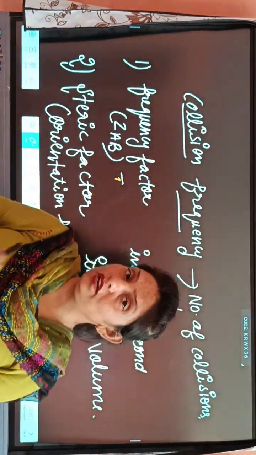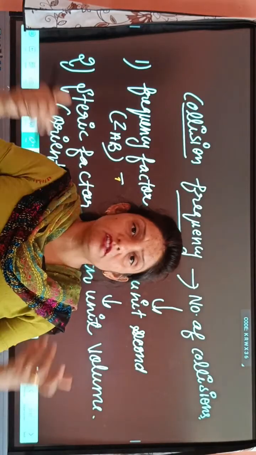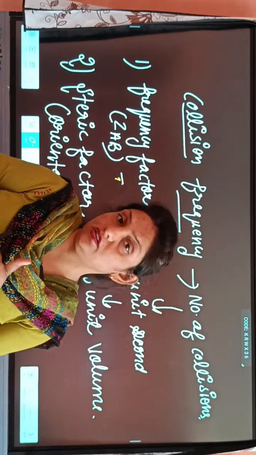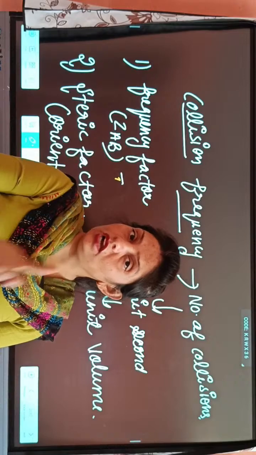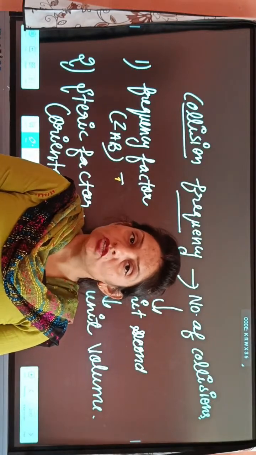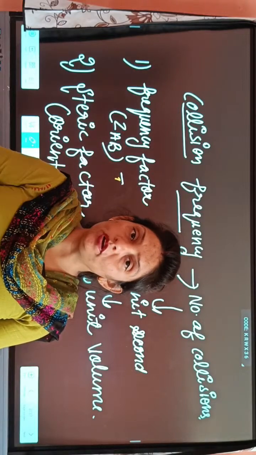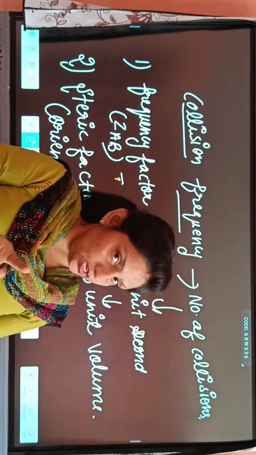If atoms collide with a sufficient amount of energy but their orientation is not proper, then also we can't get the product. So particles should collide with the proper amount of energy as well as proper orientation.